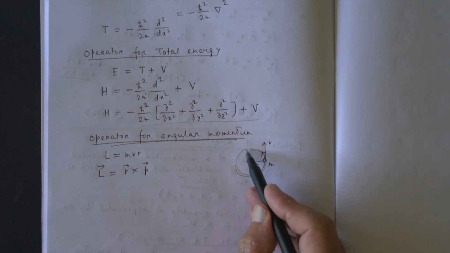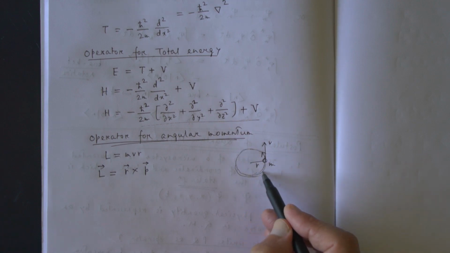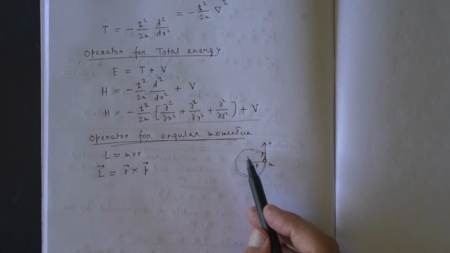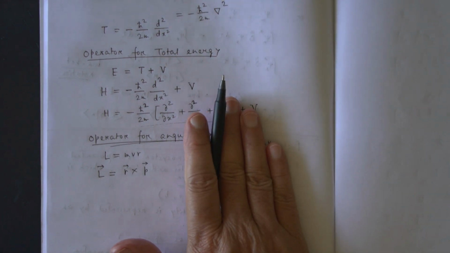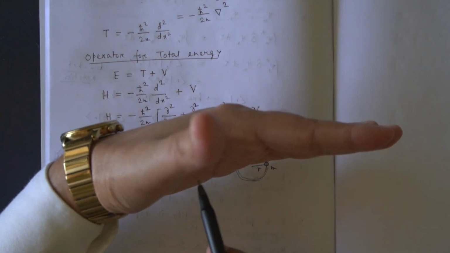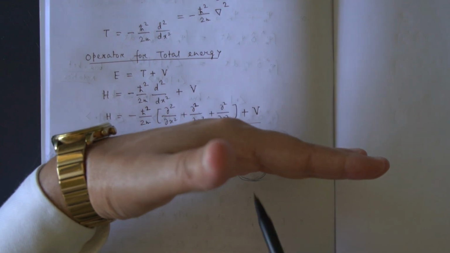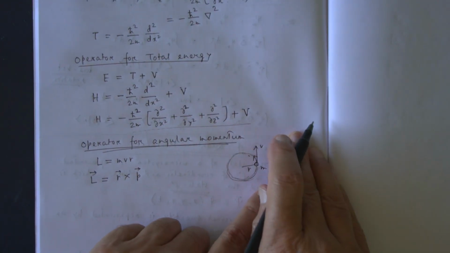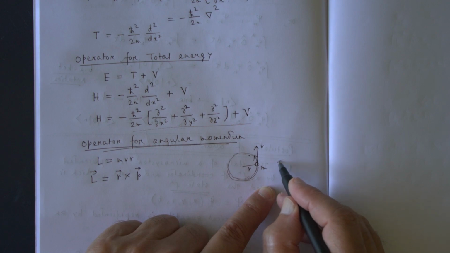Now, if I draw the circular path like this, that means this circular path is on the plane of the paper. If I draw the circular path perpendicular to this, then I can draw it like this.